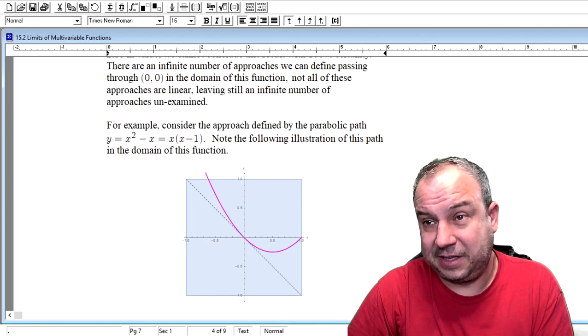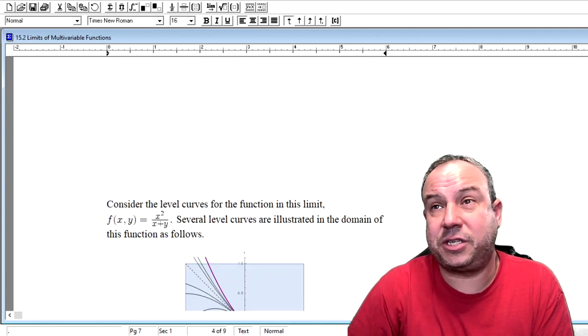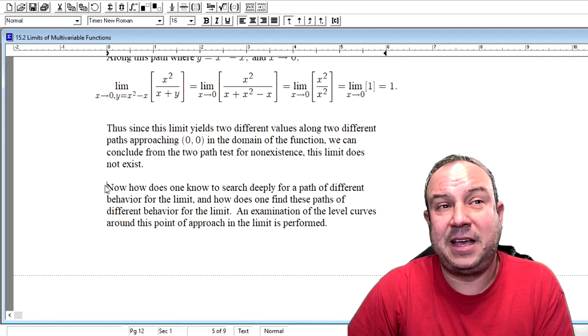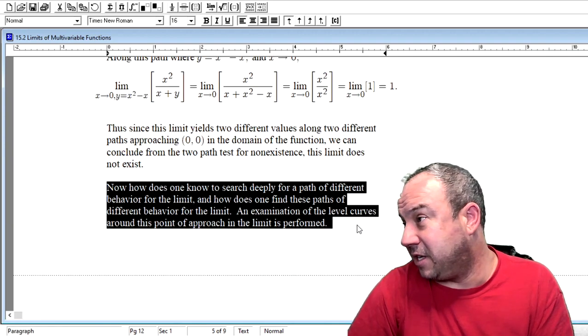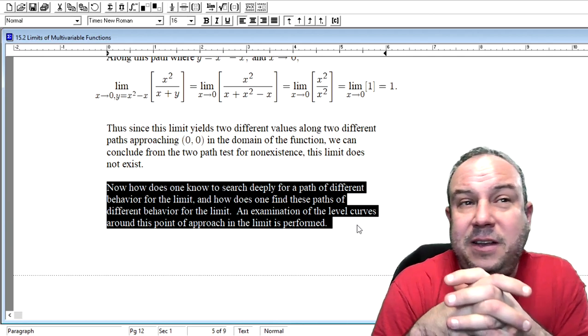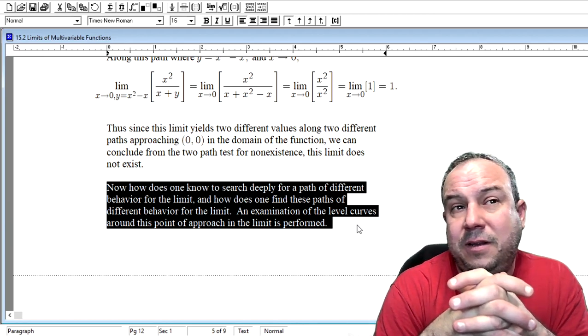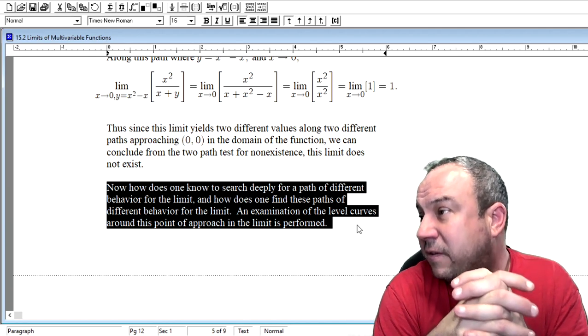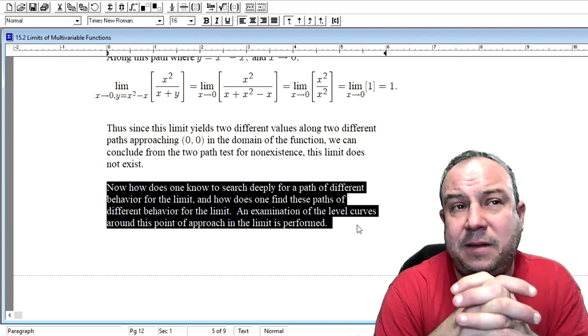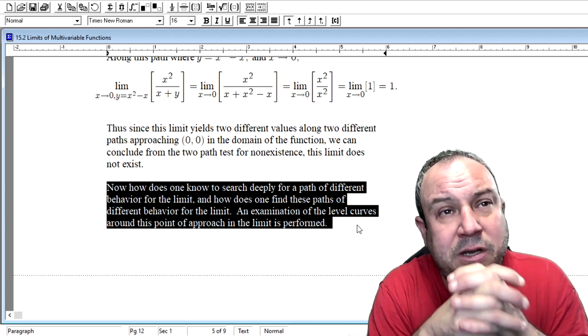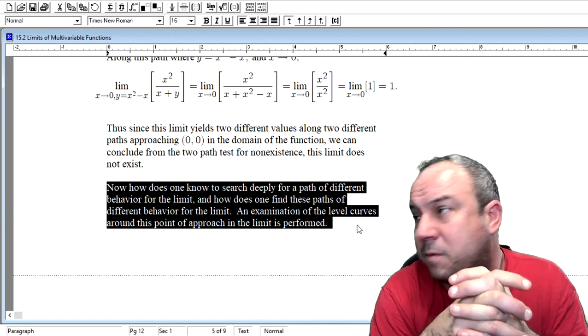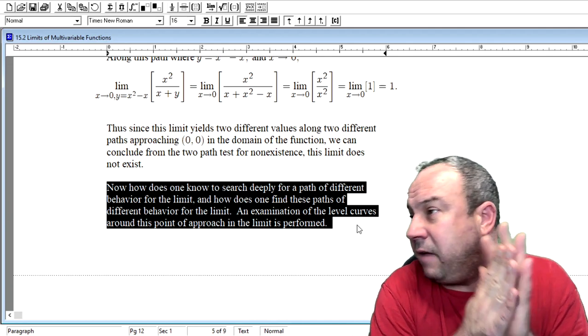Now, there's probably a big question as to what magic I used to find that obscure path that produces this different behavior value for the limit. How does one know to search deeply for a path of different behavior for this limit?